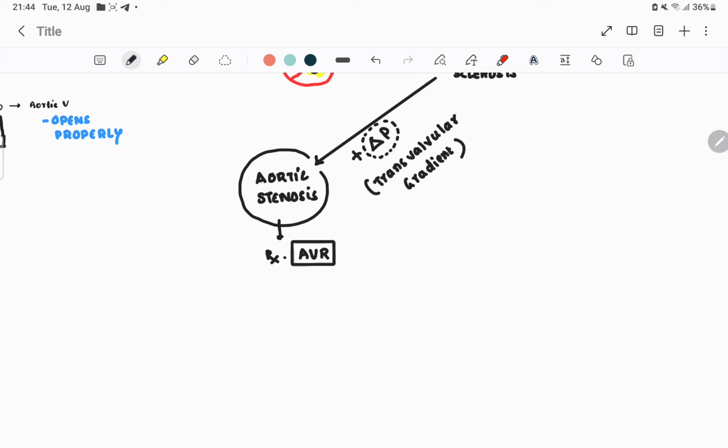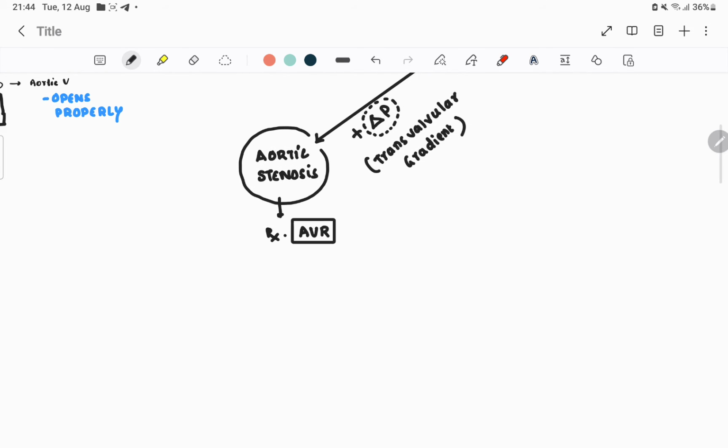Now modern indications are there also, which is TAVI. We'll discuss about TAVI. If the person is undergoing aortic valve replacement with aortic stenosis, please do a mandatory coronary angiogram. Coronary angio is a must. Why?